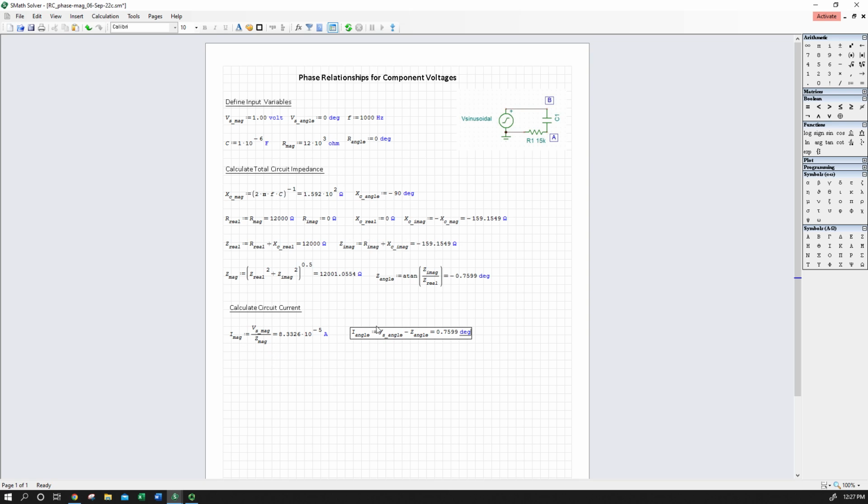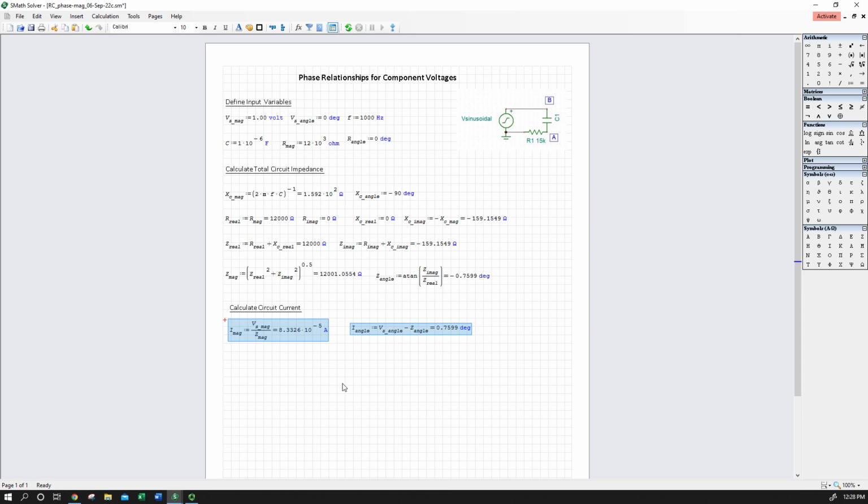So even though we're seeing a subtraction, this is all part of applying Ohm's law and calculating my polar relationships. I divide the magnitude and I subtract the angle. So now effectively I have 8.3326 times 10 to the minus 5, or about 83 microamps at about 0.8 degrees. That's my current, and that's flowing through everything.